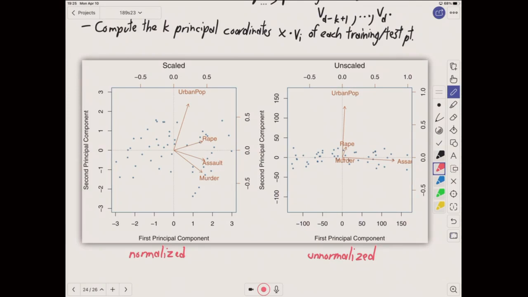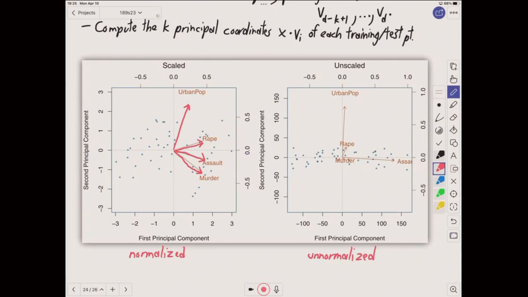Imagine the unit vector for each of the four coordinates. Suppose we take those unit vectors and project them down onto our two-dimensional subspace, then that's going to give us these arrows here. This gives you a sense of how much each of the original four features contributes to these projected two-dimensional features.